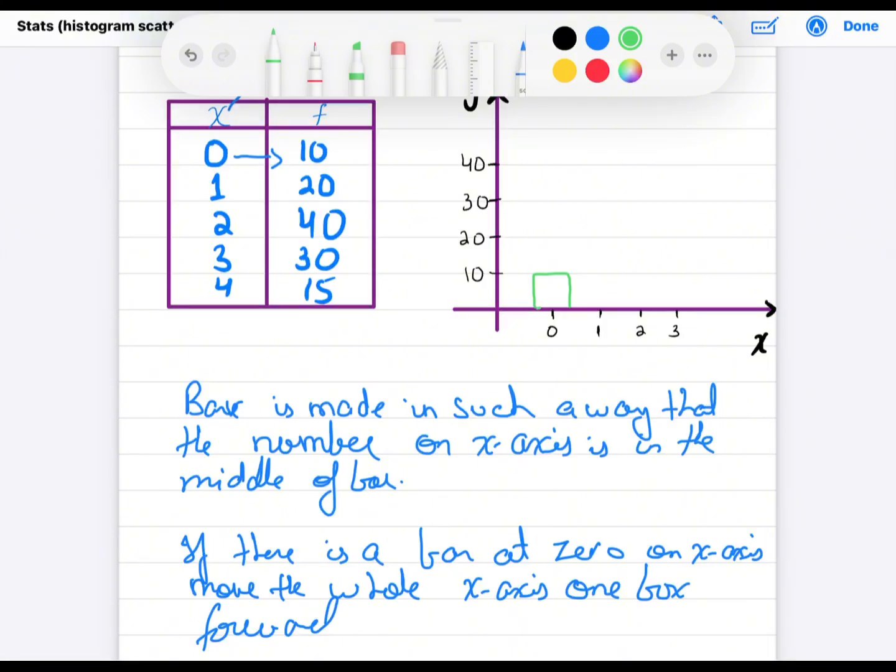Remember that a histogram is for continuous data, so I will not give a gap between them. I will move towards 20. Here we go. Now 2 to 40, so I have to move up to 40. Here we have done 40. Now the third is 30. So here we have made 30. Let's make 4 here as well.